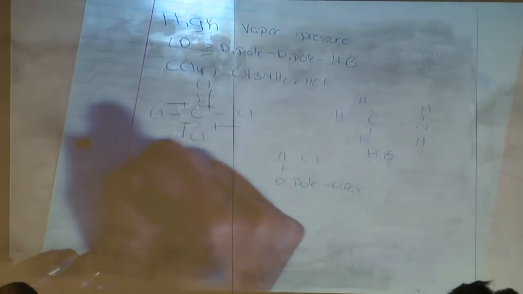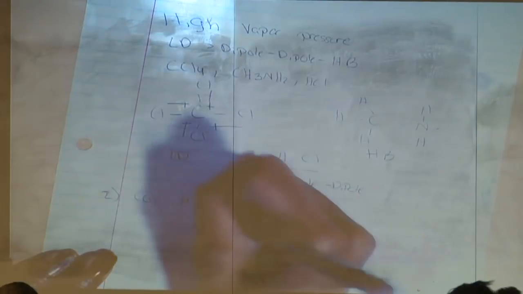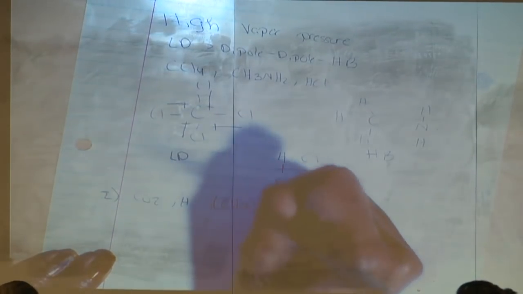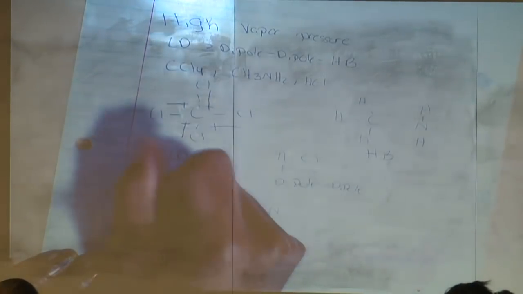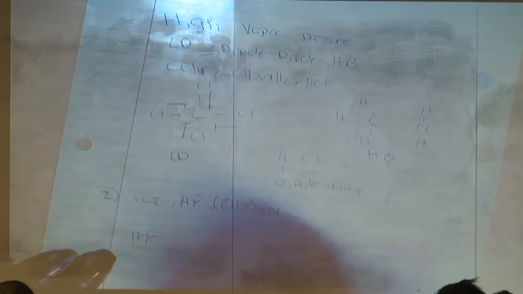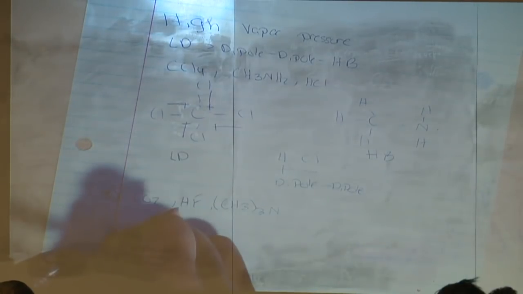So you have CO2, HF, and CH3N. So HF, again, like HCl, partial positive is on the hydrogen. And then this is a hydrogen bonding to a fluorine, so this is a hydrogen bond.